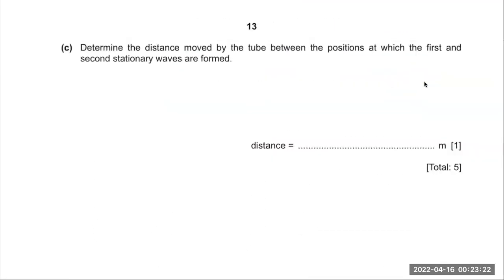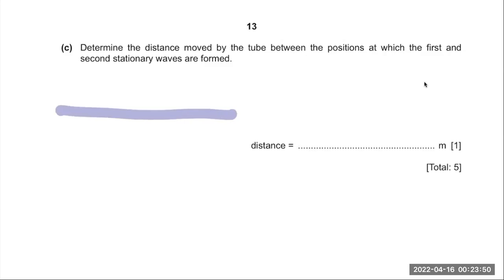Determine the distance moved by the tube between the positions at which the first and the second stationary waves are formed. So for the first one, we already know it's quarter of a wavelength. Can someone tell me for the second one, how many wavelengths will we have? So this is the first one. In fact, let's have it this way.